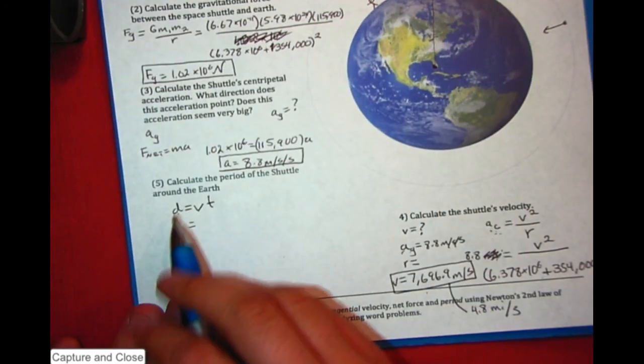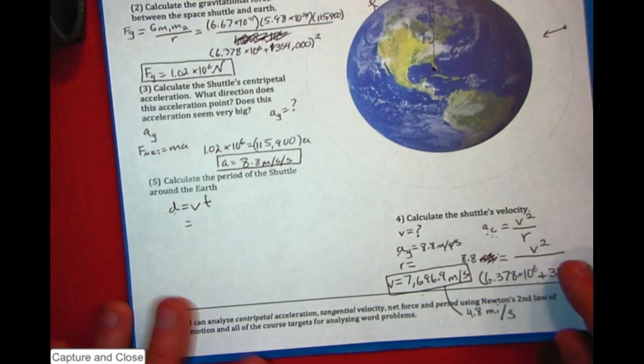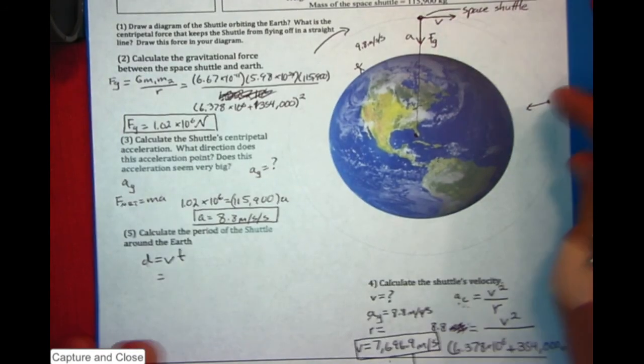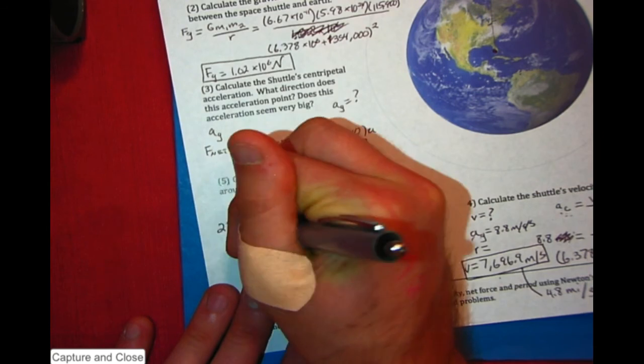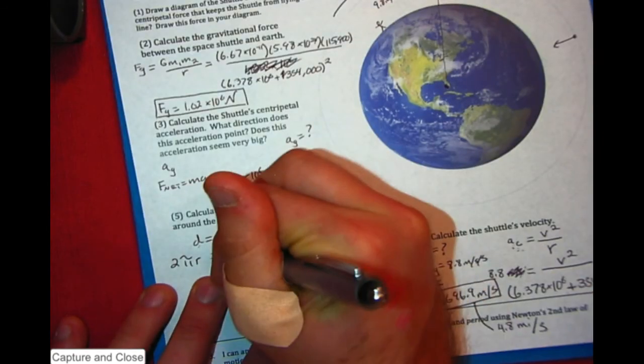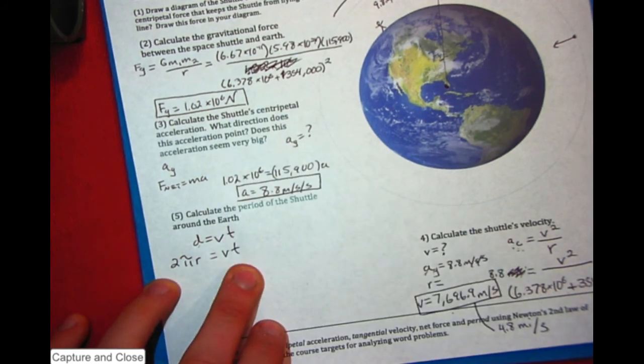So our distance here is the path of the circle. We have to find the circumference of our circle, so 2 pi r. We're going to put in 2 pi r for our distance, and then solve for time.